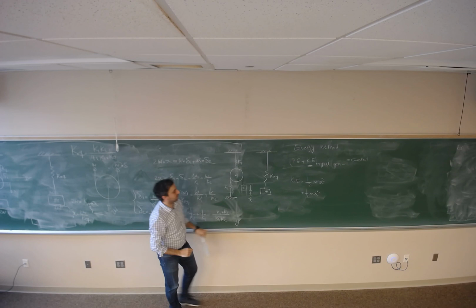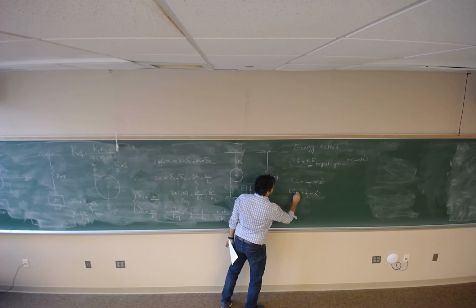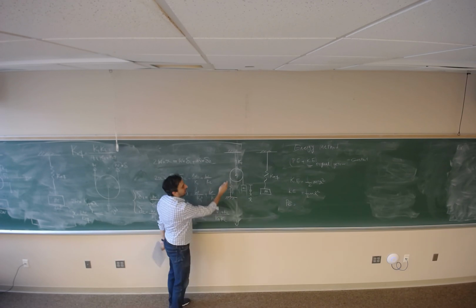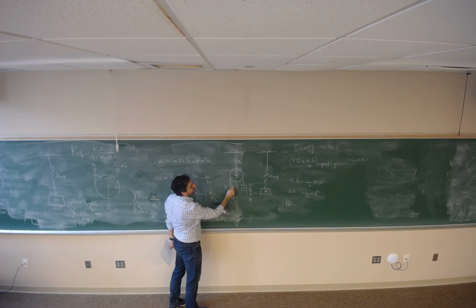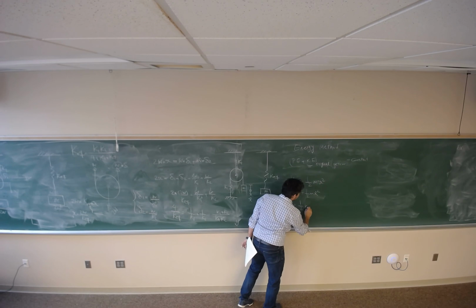This is kinetic energy. Potential energy, we have one spring here. If this is moving by x, this rope also is going to be extended by x. So it's going to be half of k2 x squared.